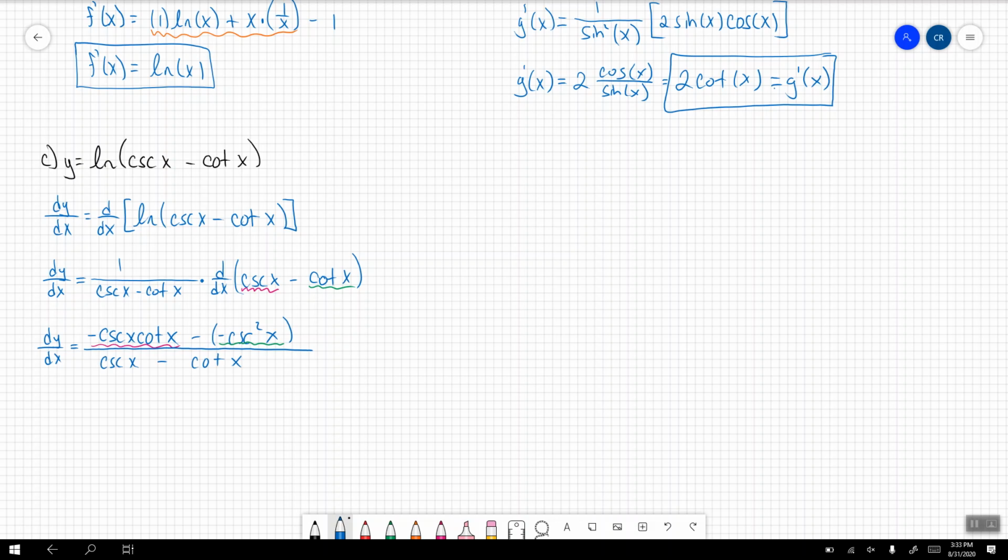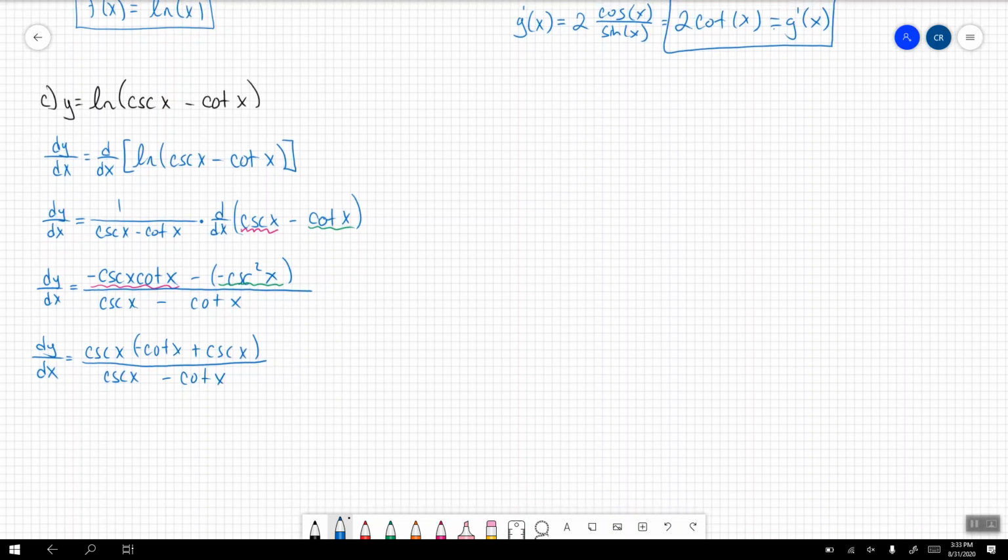Now let's see if we can simplify some of these results. I see for my numerator that I can factor out a cosecant, so I am going to go ahead and do that. Factoring out cosecant now gets me negative cotangent of x plus cosecant of x, all divided by cosecant of x minus cotangent of x.